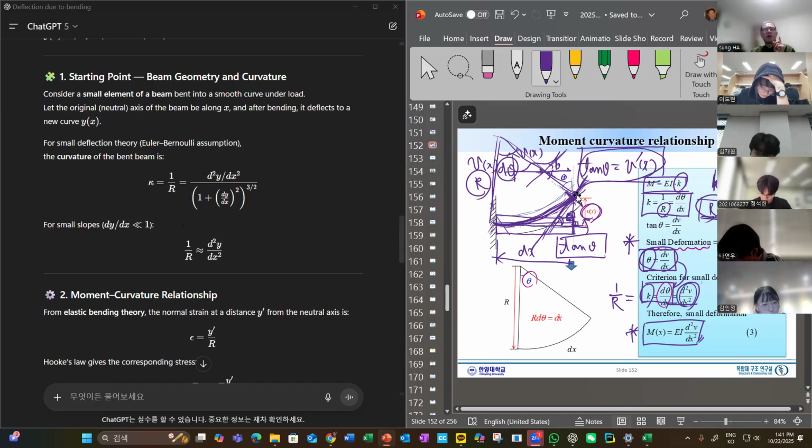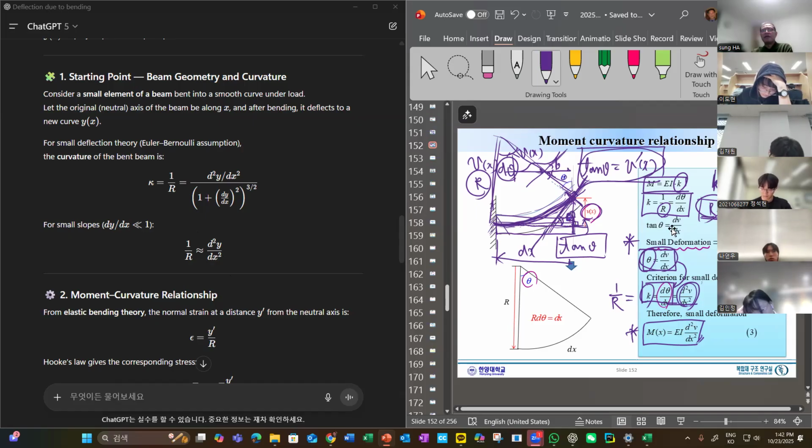Now, with small slope, we assume small deformation, so the first derivative is very much less than 1. That's the assumption of small deformation. So this term disappears, and simply 1 over R is the second derivative. This is the one we obtained, and here we had a slightly different path.